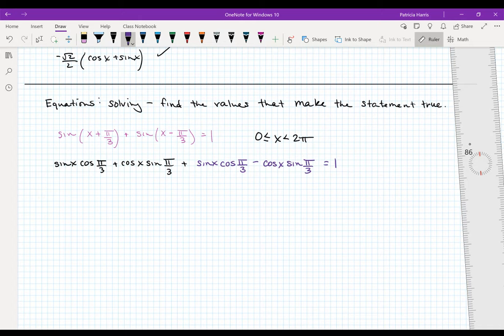This is an equation. It's not proving an identity. Those are two different things. Now I'm going to look on my unit circle and say, what's cosine of pi over 3? What's sine of pi over 3? See if replacing those can help me out.